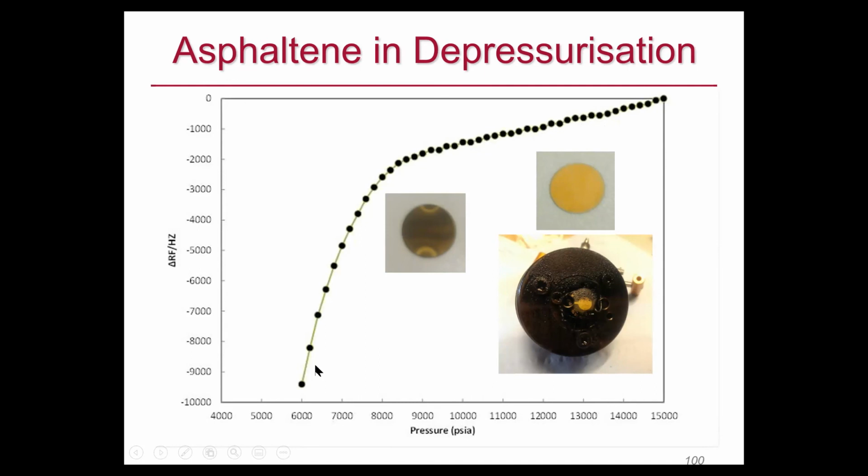That is asphaltene deposition. So starting from 15,000 psi, you see that asphaltene deposition is around 8,000, 8,500. Yeah, beautiful, isn't it?